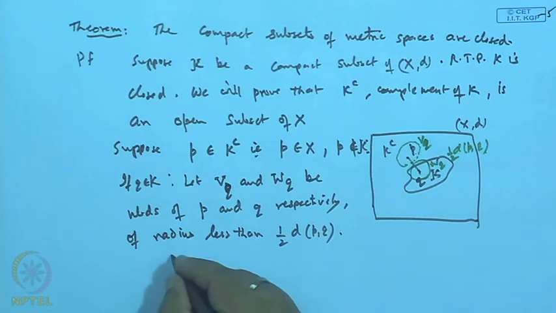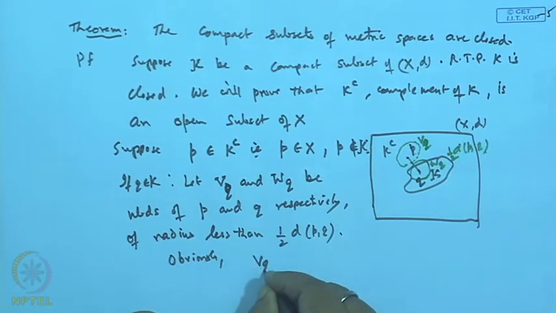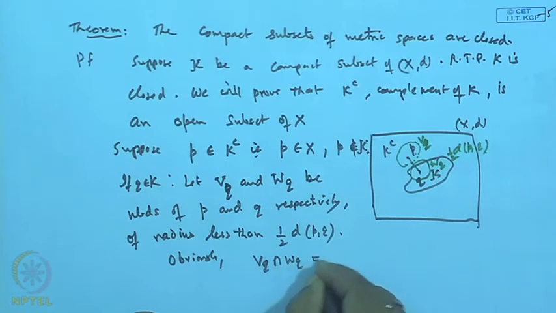Then obviously, V q intersection W q will be empty, disjoint. That is true.